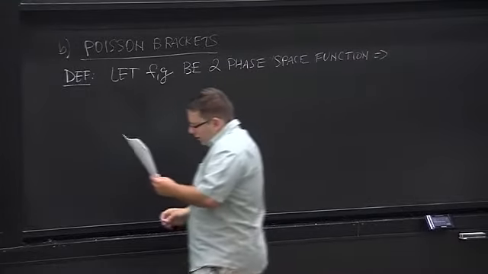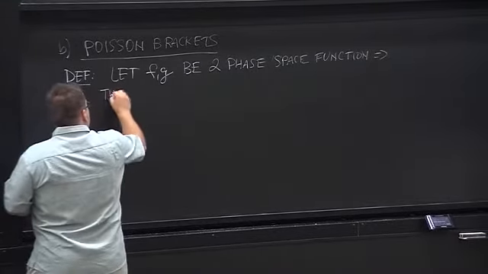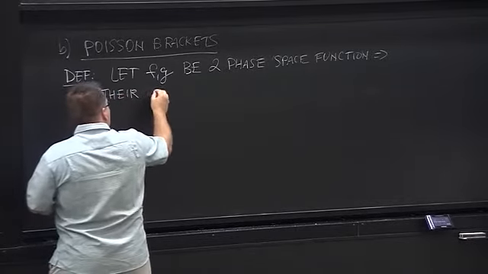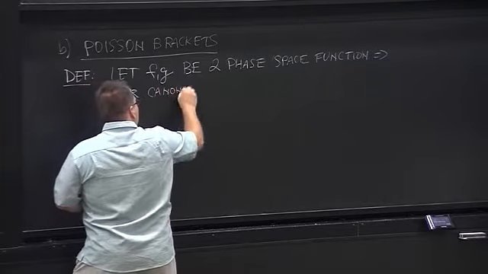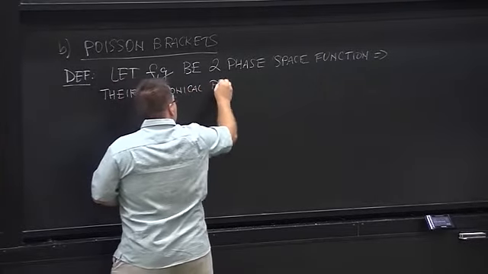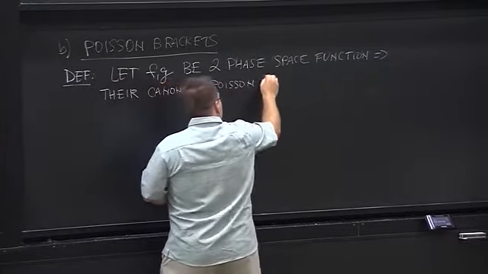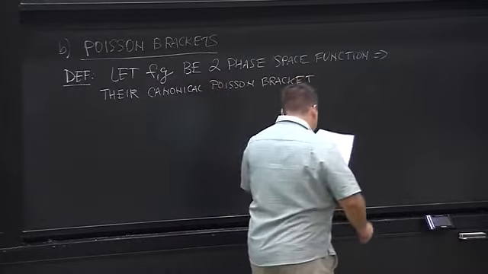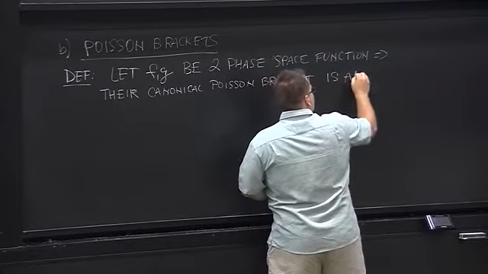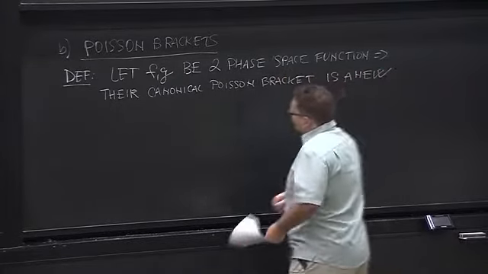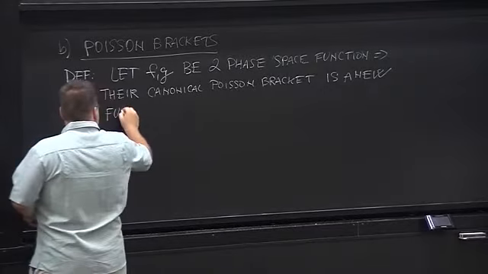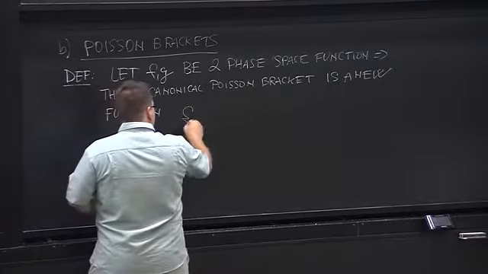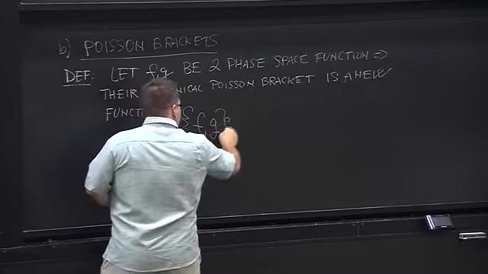Then their canonical Poisson bracket is a new phase-space function defined by f and g.